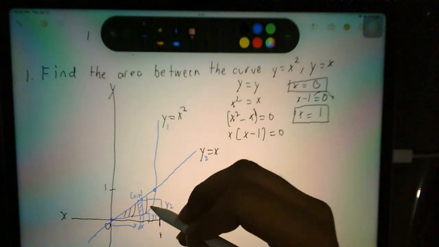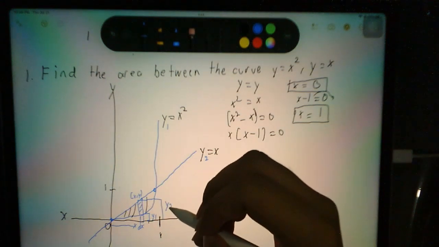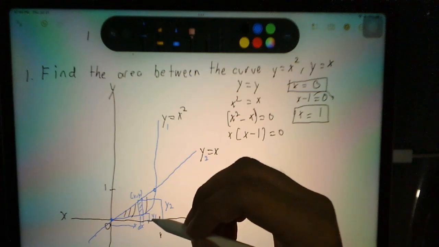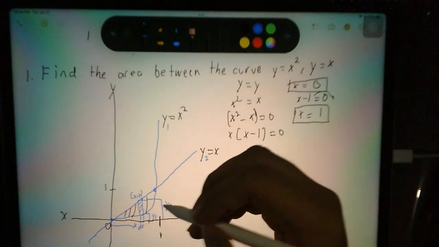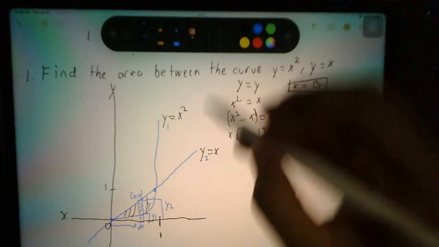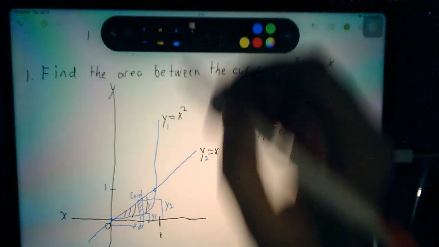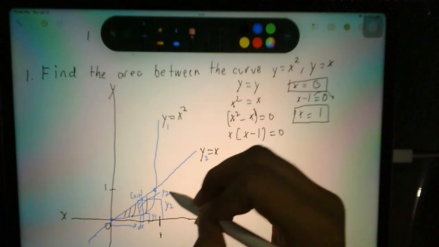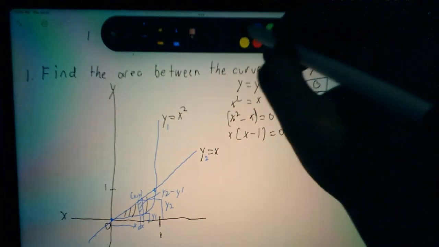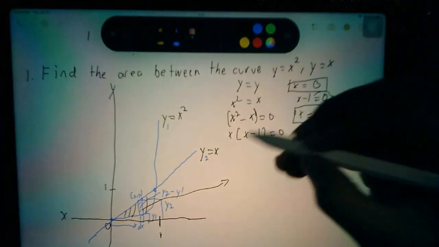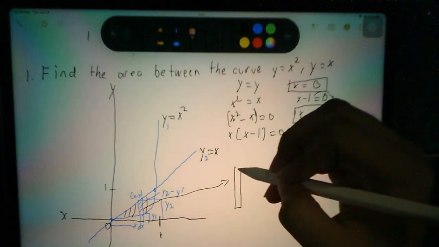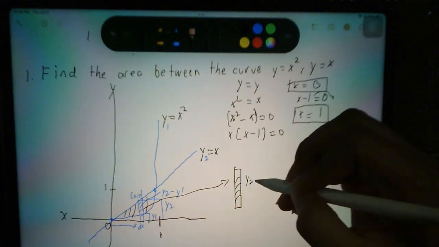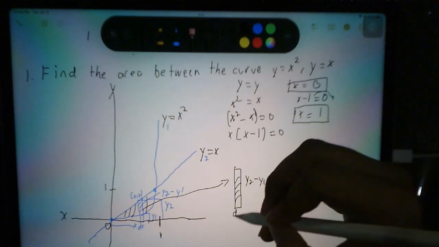So our difference here is just bigger minus smaller, or upper minus lower. So y2 minus y1, and let's put our vertical strip outside. So this is our vertical strip, and this is just y2 minus y1, and the dx.